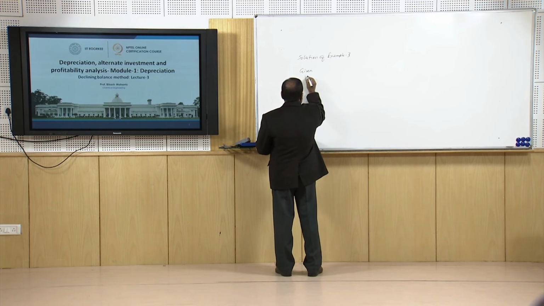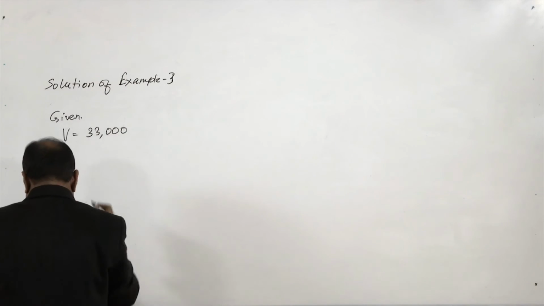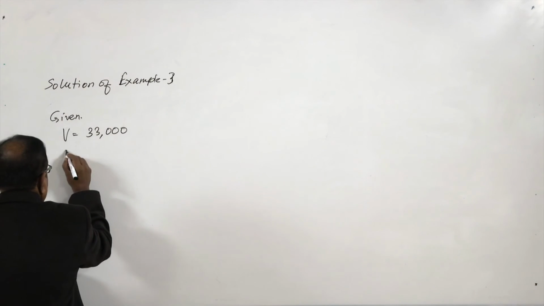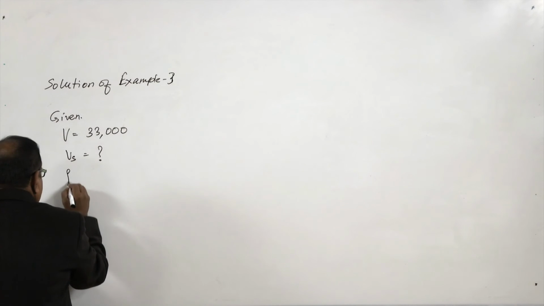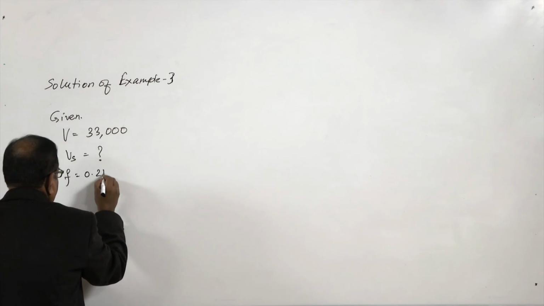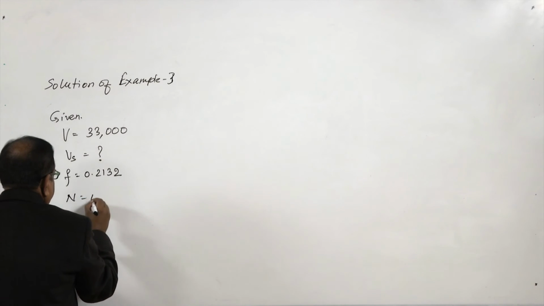Given V is 33,000, Vs is unknown, F is equal to 0.2132, n is equal to 10.